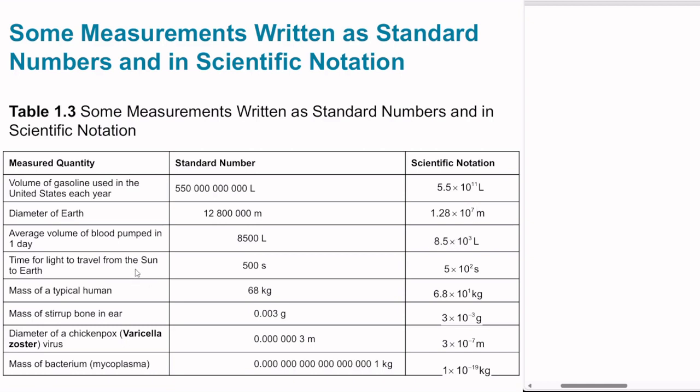Time for light to travel from the sun to the earth, 5 times 10 to the 2 seconds. The mass of a typical human, 6.8 times 10 to the first kilograms. The mass of a stirrup bone in an ear, 3 times 10 to the minus third grams, and so forth. So it helps us to express extremely large and small numbers in a more concise way.